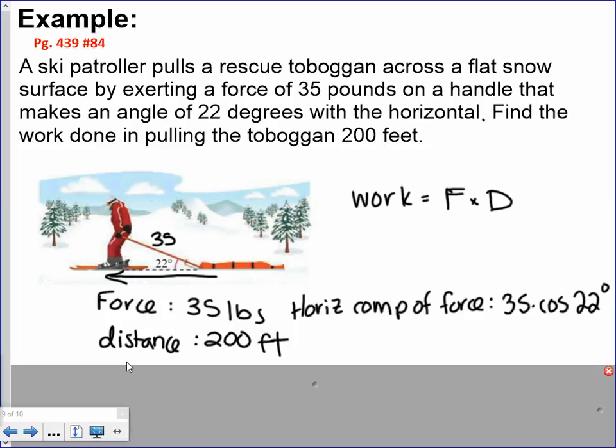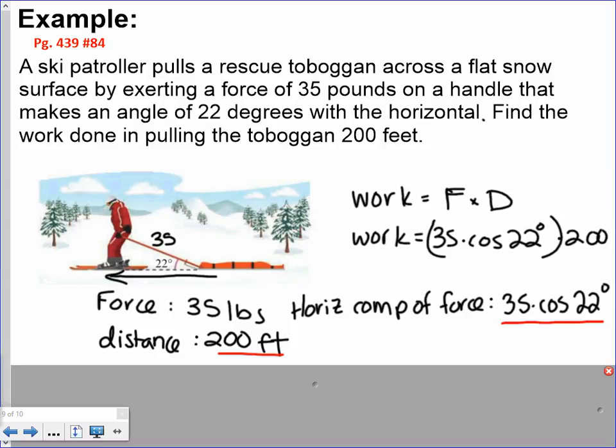When we plug into the formula for work, we want to use that horizontal component and the distance or displacement of 200 feet. So my work done is equal to 35 times cosine of 22 times 200. Go ahead and do that in your calculators.